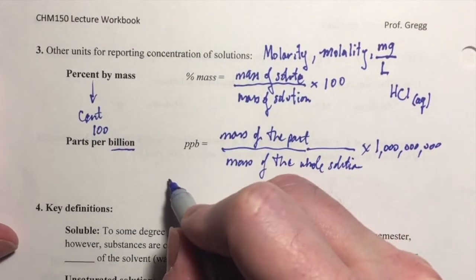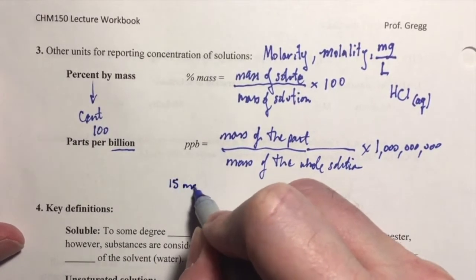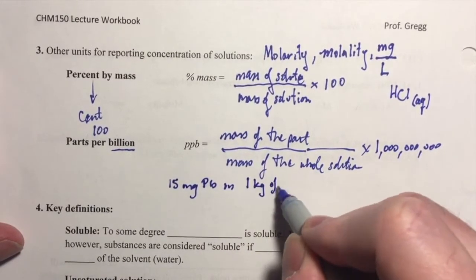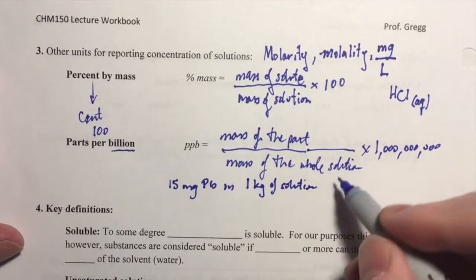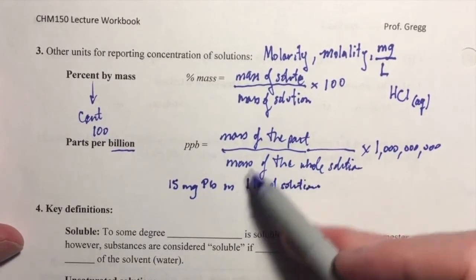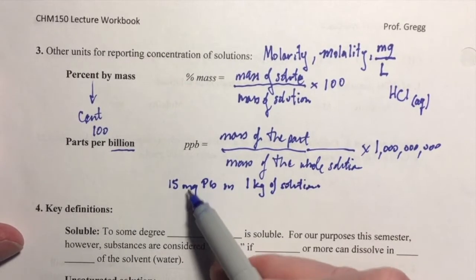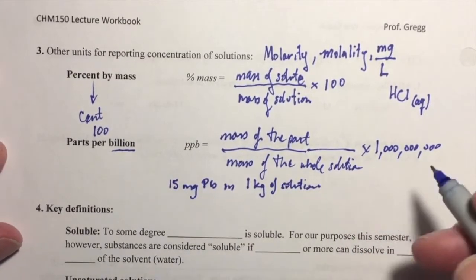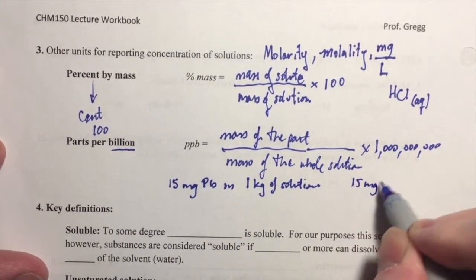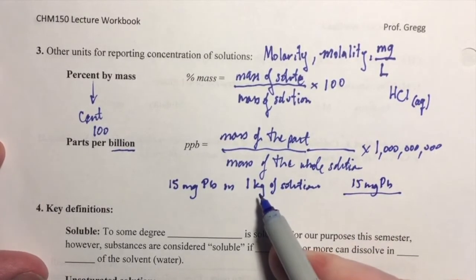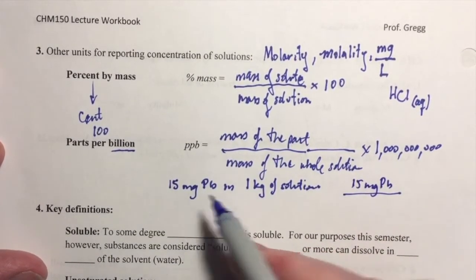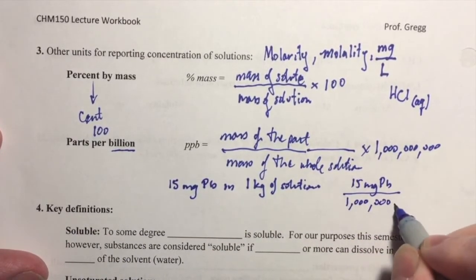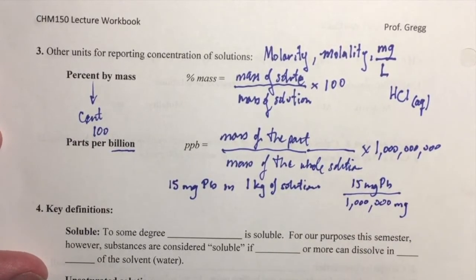So for example, if you're told you have 15 milligrams of lead in 1 kilogram of solution, then before you can start to plug these values into our equation, you have to convert one of these mass units so that it's identical to the other. So in this case, 15 milligrams of lead could go in the numerator, and then you would have to convert 1 kilogram of solution to milligrams, which would be 1,000,000 milligrams, because there are 1,000,000 milligrams in a kilogram.